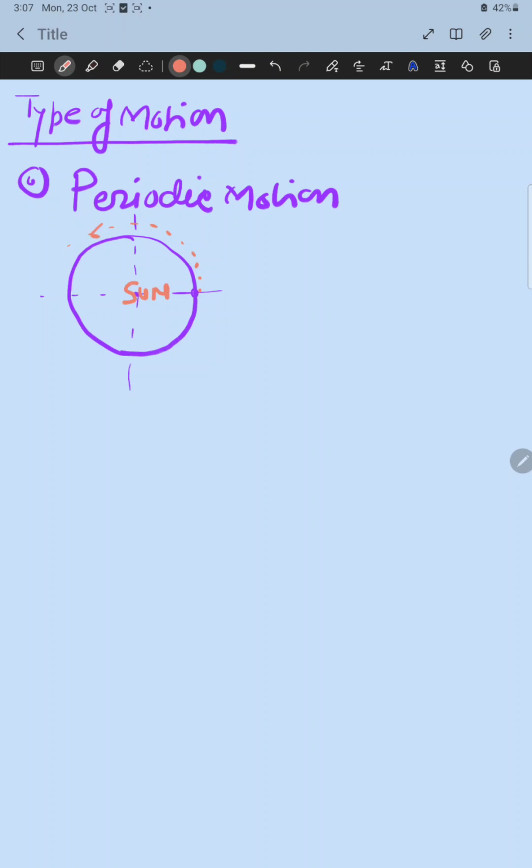Or we can take the example of UCM, uniform circular motion, which is also classified as periodic motion.